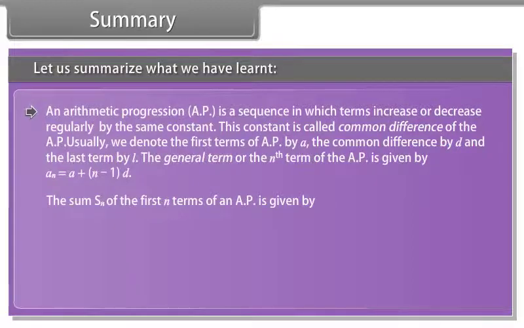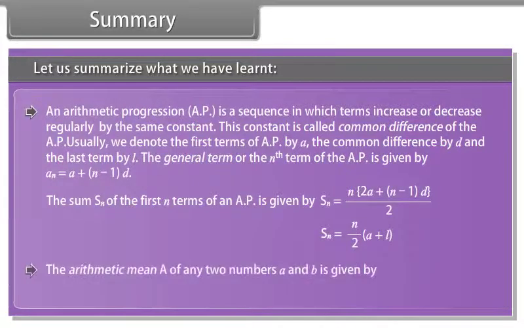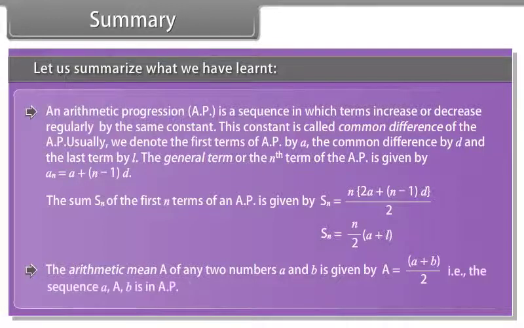The arithmetic mean capital A of any two numbers A and B is given by a formula. That is, the sequence A, capital A, B is an AP.